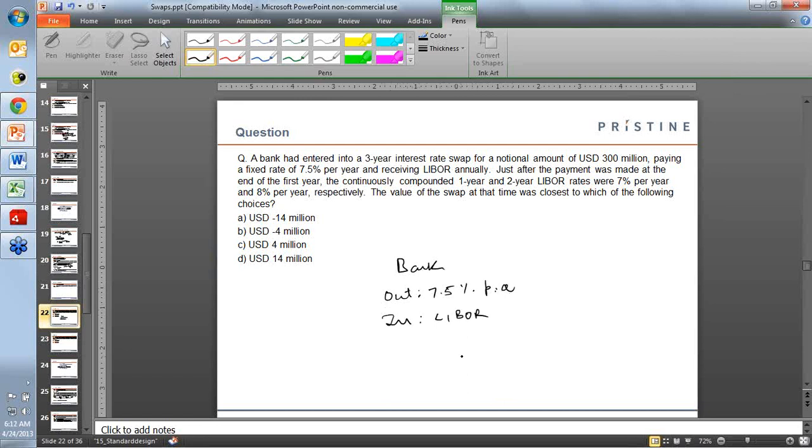So we will find the present value of the outflows and the present value of the inflows, and find the value of the swap that way. This is a 3-year interest rate swap, and the question talks about the time just after the payment was made at the end of the first year. So we are here presently.